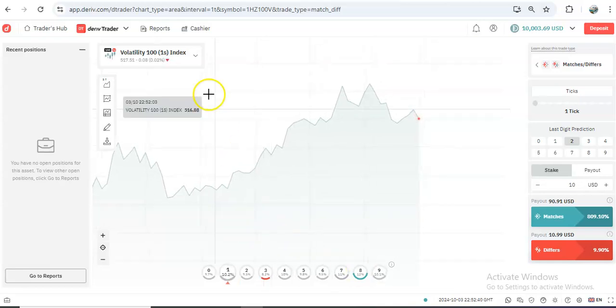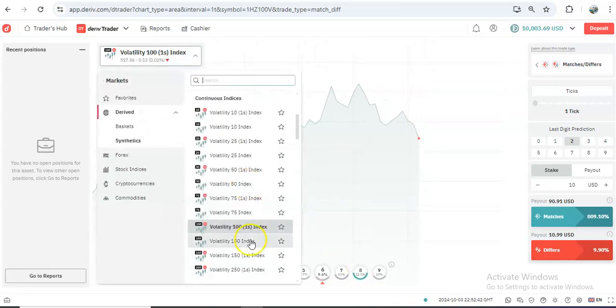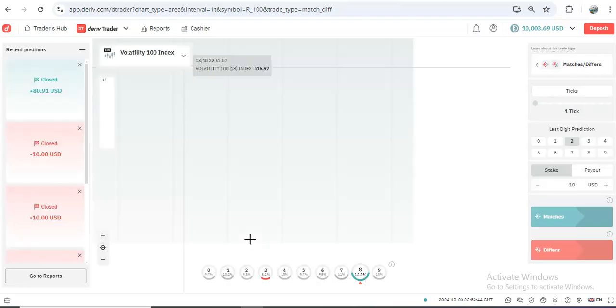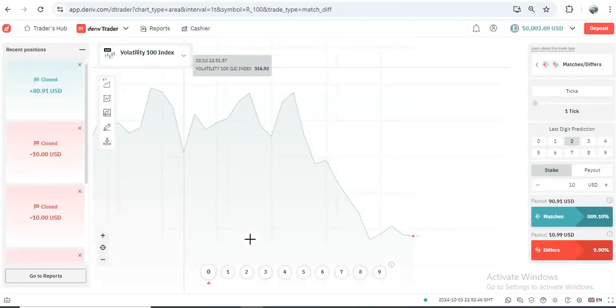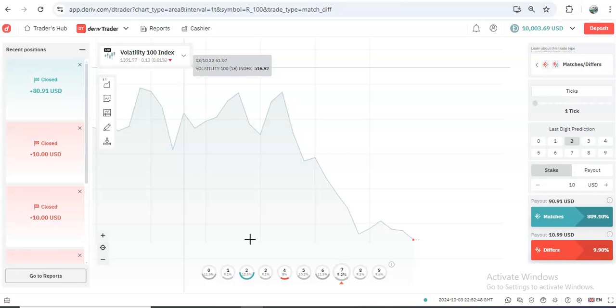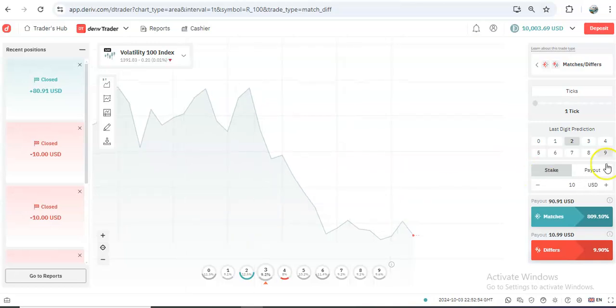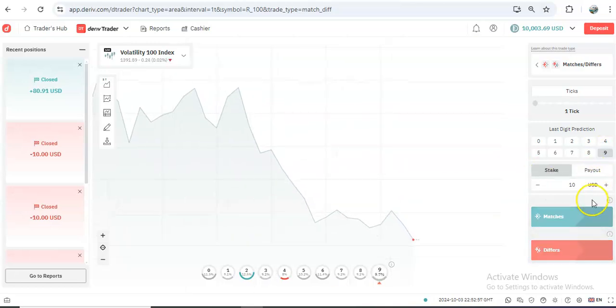I can't find the condition that I'm looking for, but I'm going to share it with you. So the condition is this: if you want to match digit 9, I think this is a good market. Let's try.